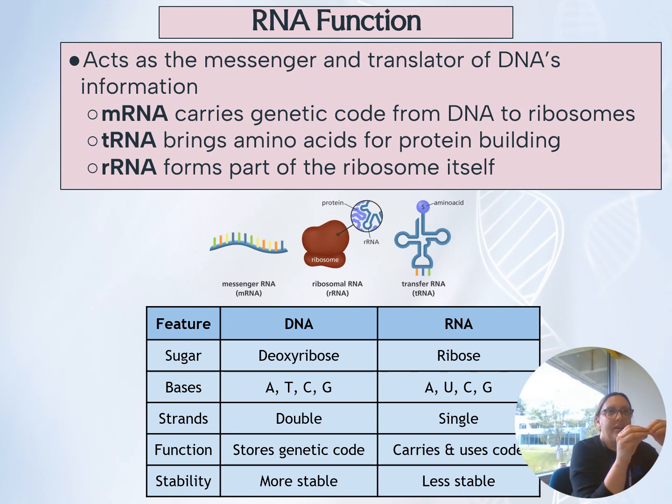RNA is single-stranded, but it's built off of the DNA template, so it's going to still have complementary base pairing. DNA, we have A, T, C, and G, and A's and T's are complementary, so those bond together, and C and G's are complementary to each other. A, T, C, G, apples in the tree, cars in the garage. RNA is the same, except it has U instead of T.